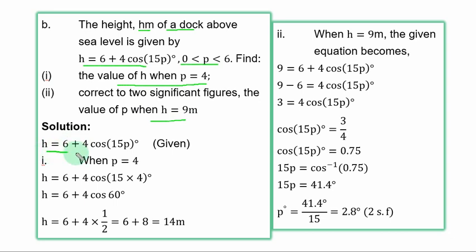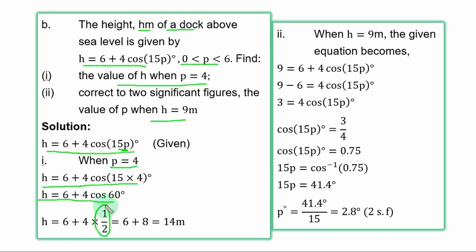So this is the given expression, and you are asked to find h when p is 4. You simply replace p with 4 here, and you have h equal to 6 plus 4 cos 15 times 4, all in degrees. So you have h equal to 6 plus 4 cos 60 degrees. And the value of cos 60 degrees is 0.5, that is 1 over 2.